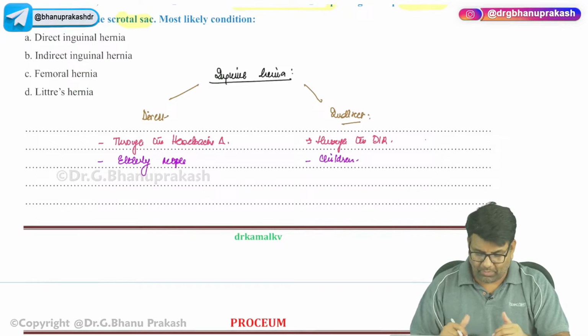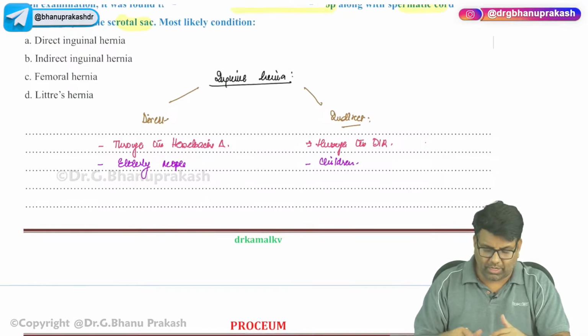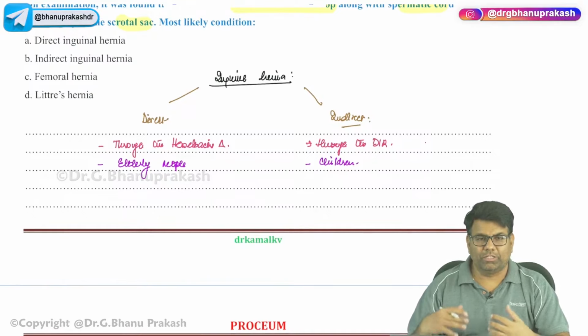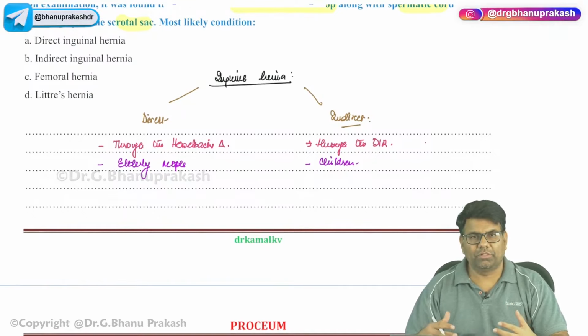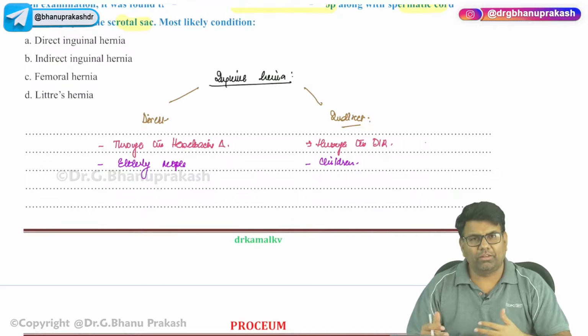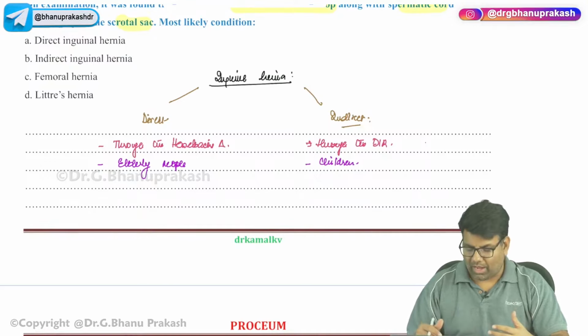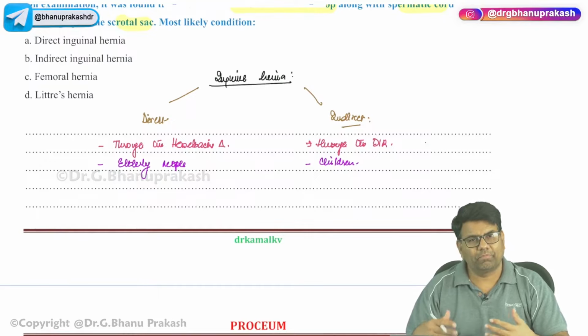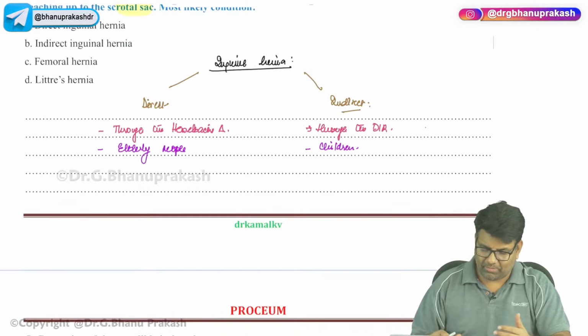So, the moment you read the case history, if the condition is discussing some elderly person or a young male, then probably it is talking about direct. And if the case history starts with children, probably it is about indirect.